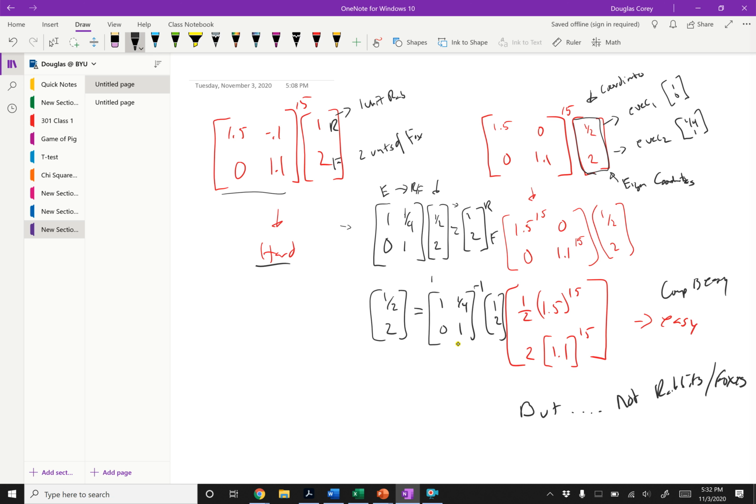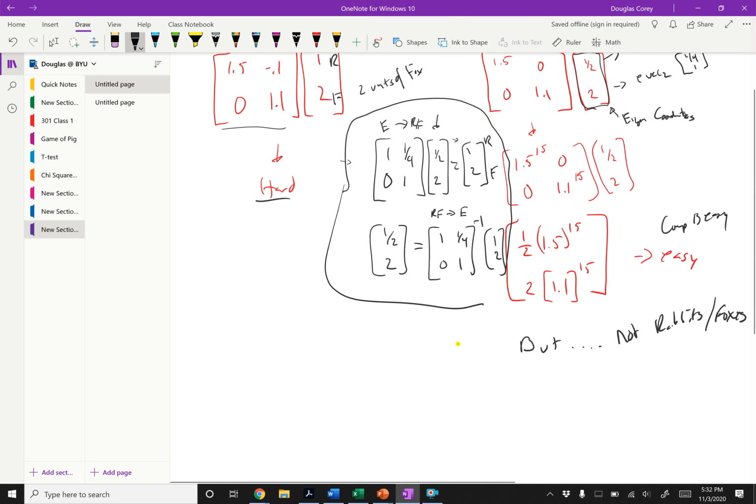Then this takes rabbits and foxes coordinates to my eigenspace coordinates. So now, using what we have in here, we can start and end with rabbits and foxes, but we can do the easy computation.